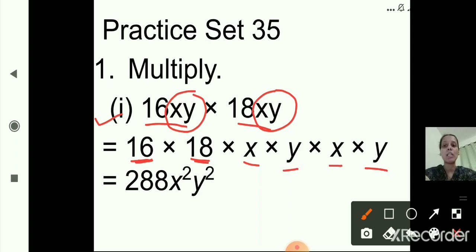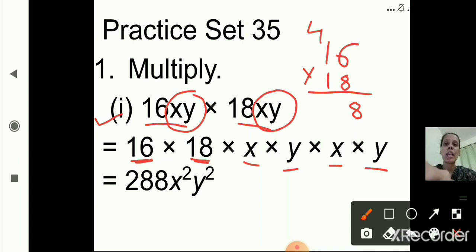Now we will do the multiplication, 16 multiplied by 18. 8 6s are 48, 4 carrying, 8 1s are 8, plus 4 is 12, right? Here it is 0. Now 1 multiplied by 6 is 6, and 1 multiplied by 1 is 1.